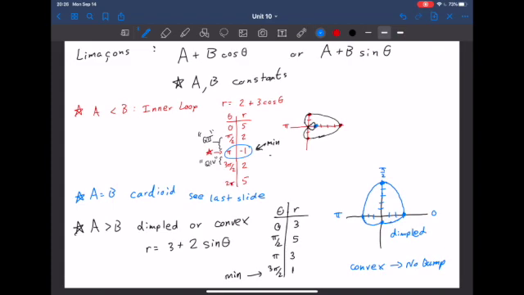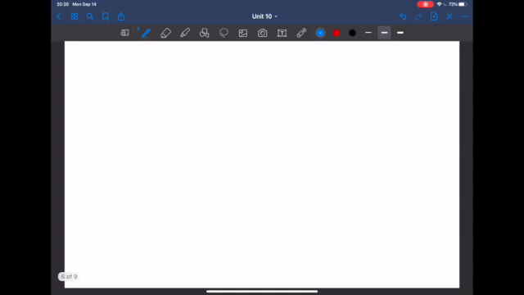One last type of function, and then we can be done. Is something like r equals, I guess for example, 2 cosine 2 theta.